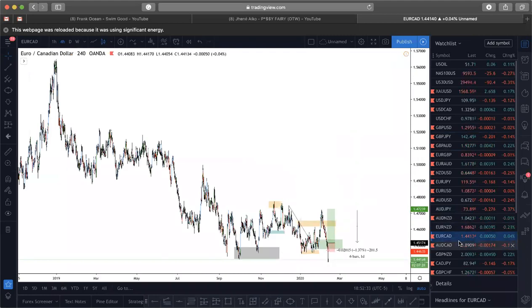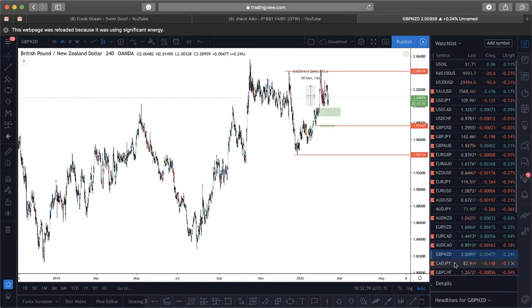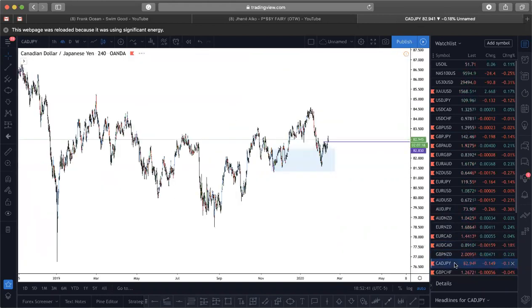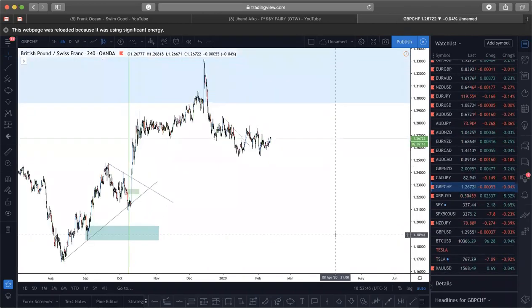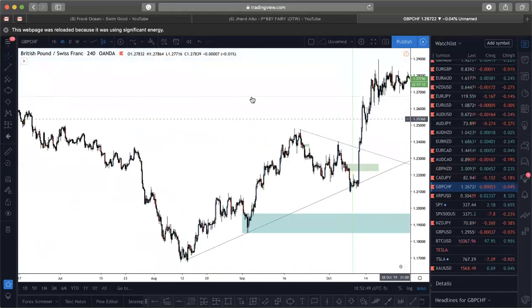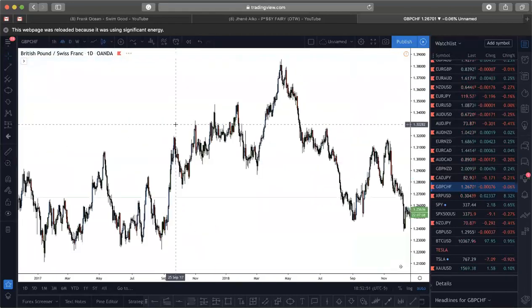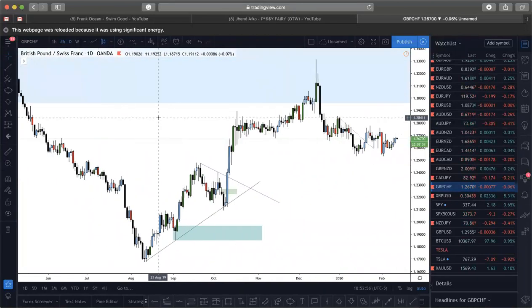You can see all my charts are marked up. So this is a higher time frame trend line, right? Basically, this is a trend line on the daily time frame.